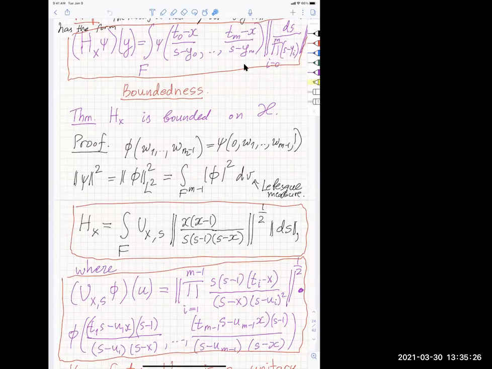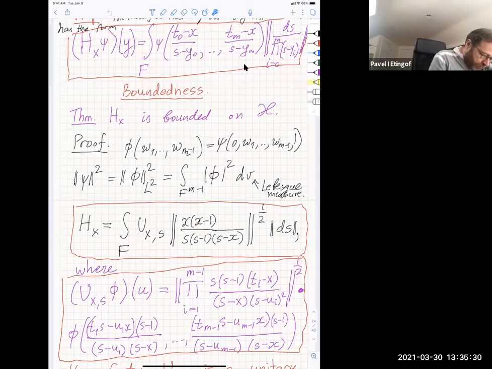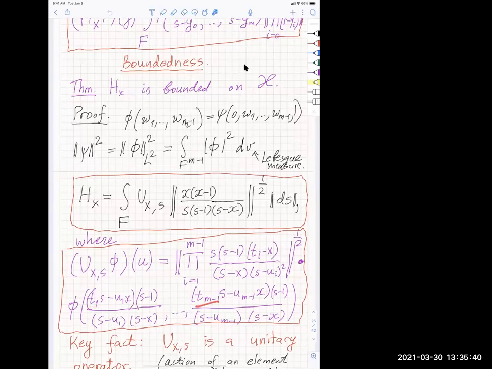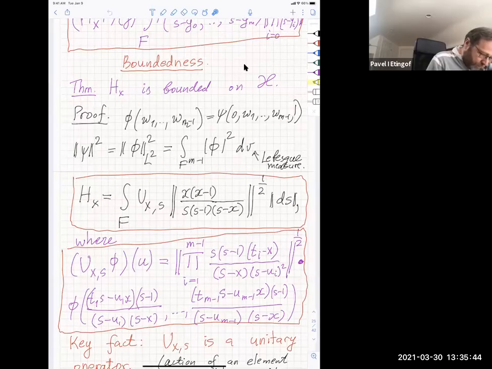You're doing the same change of variable in all variables. It's like the tensor product of tensor u. Not the same, because there is a t here. There is a t1 here, for example, and here it's tm minus 1. So I'm doing slightly different changes. Is it not a shift of s? No, because here there is a ts, and here it is just s.